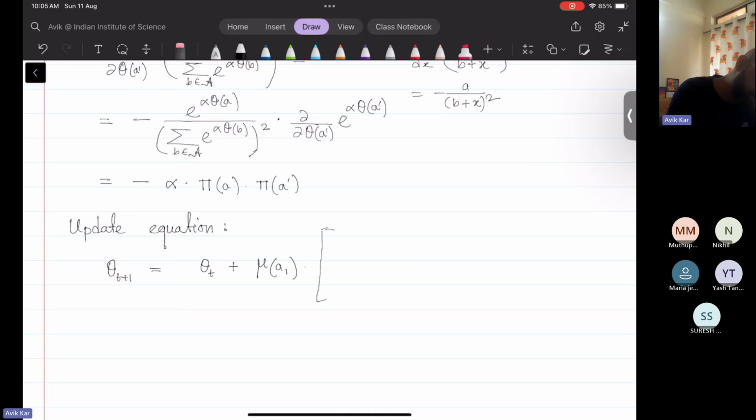So considering that the first term is A1, the first term will be alpha pi A1 times 1 minus pi A1.